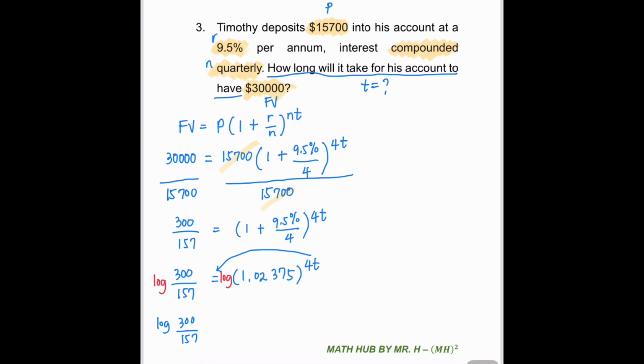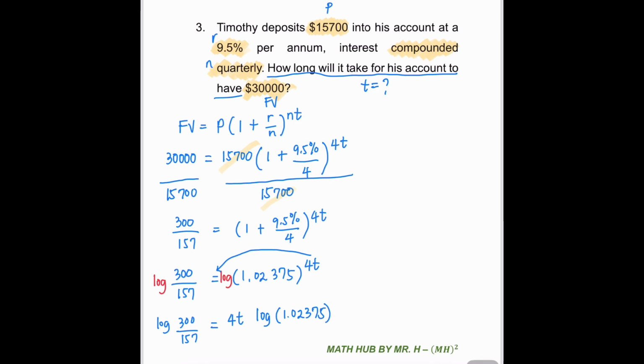I hope that you still remember the properties of log. This power 4t will be put to the front, as the coefficient of the log. So 4t log of 1.02375.